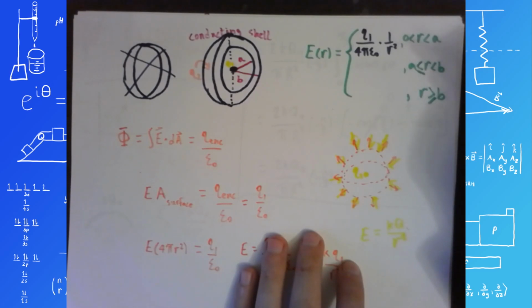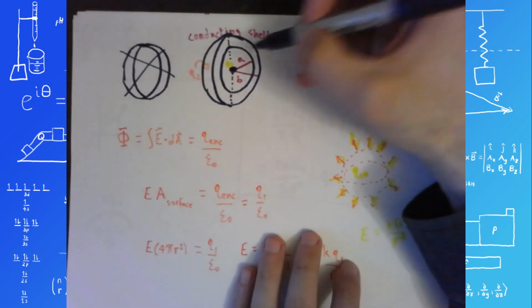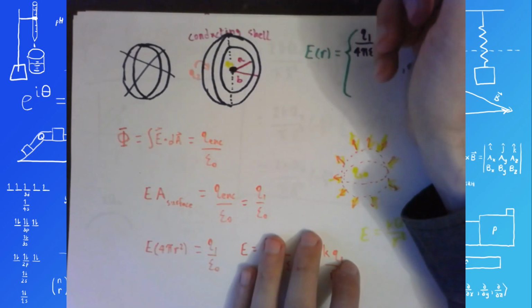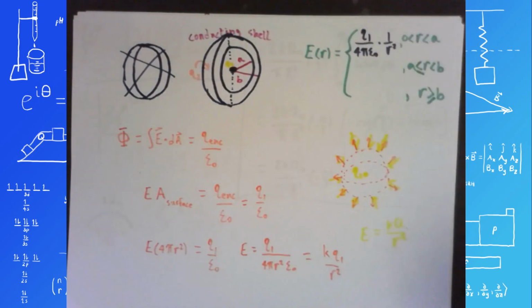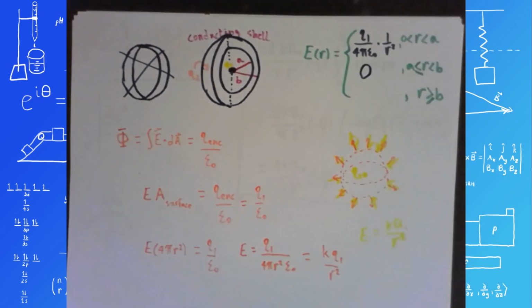Now then, we take a look at our next region of interest. Our next region of interest is between the inner and outer surface of the conducting shell. This one should actually be really easy. This one is 0. How do we know?